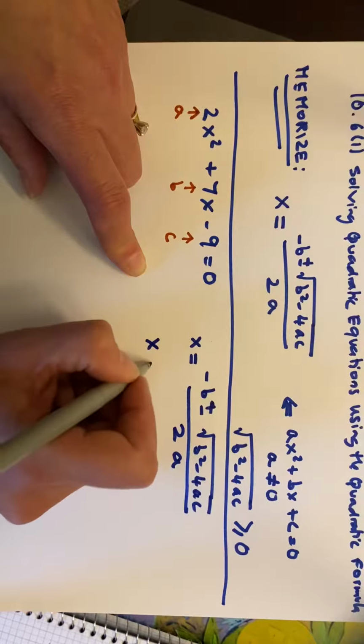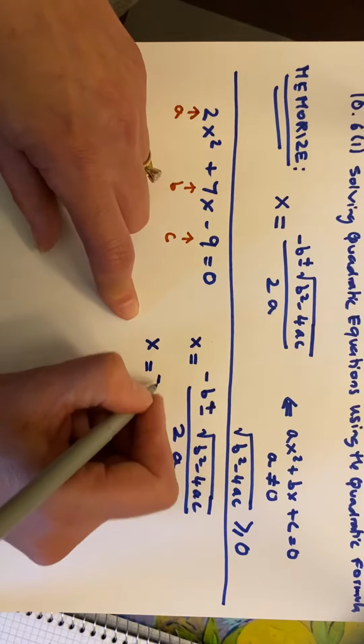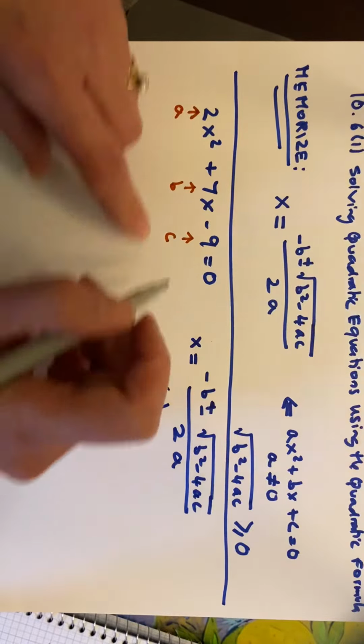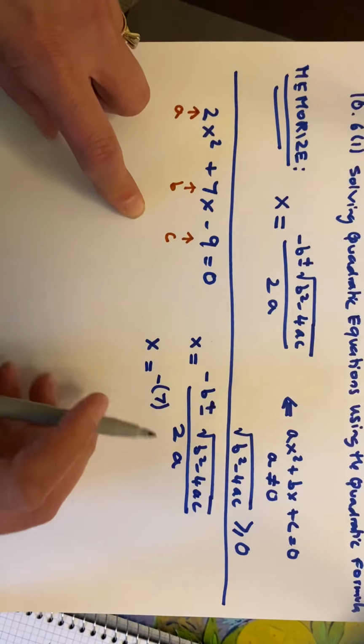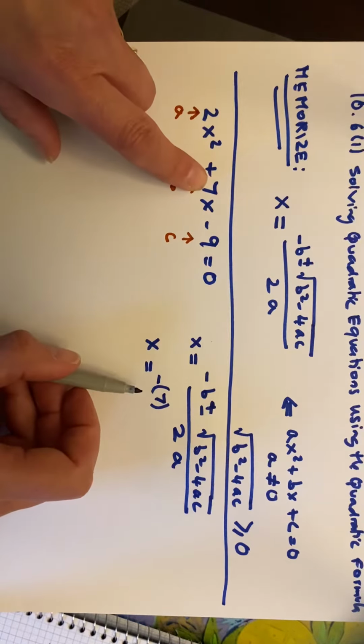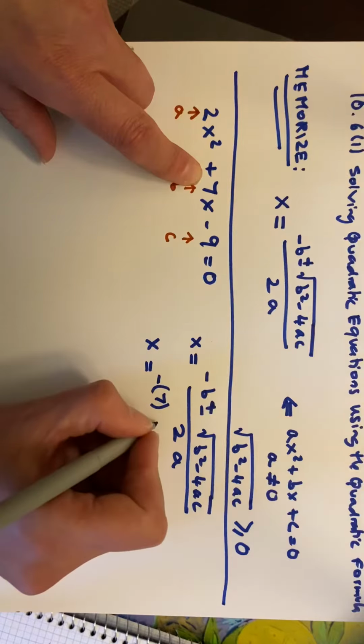And I'm going to substitute my values into it very slowly and carefully. Negative b, well, what goes in for b? 7. Why did I put parentheses? Because this could be a negative number, and I don't want to lose it. If this were negative 7, I'd want to make sure I have my negative 7 in here.